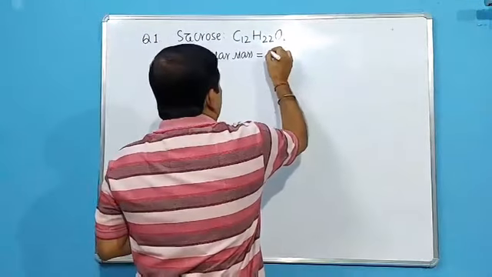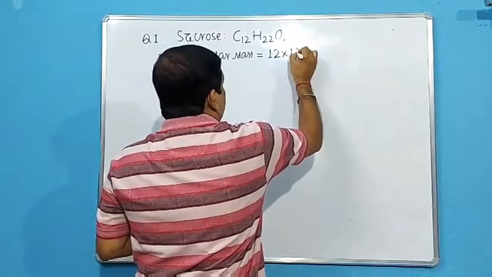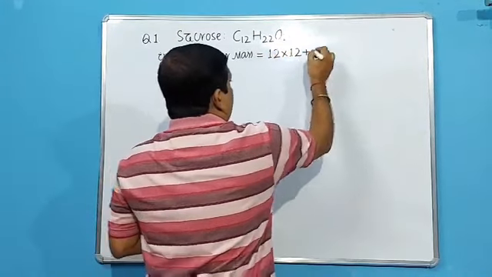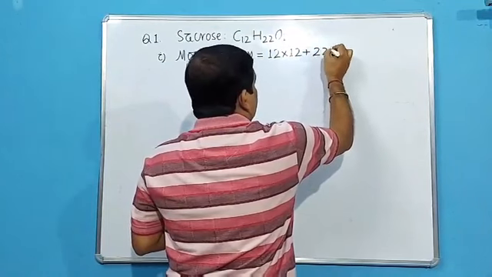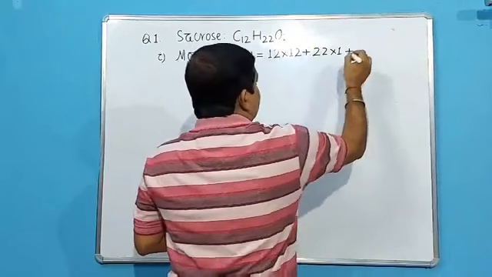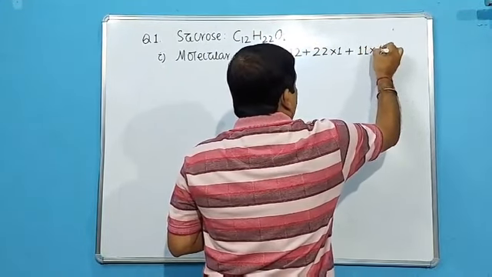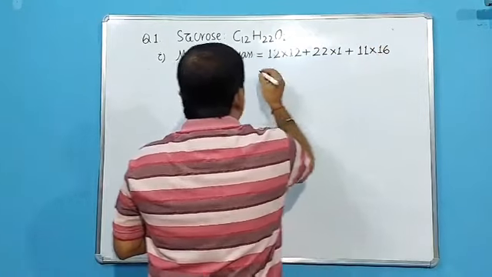So carbon 12 atoms into atomic mass, which is 12, plus hydrogen 22 atoms into atomic mass of hydrogen, that is 1, plus oxygen 11 atoms into atomic mass of oxygen, that is 16.